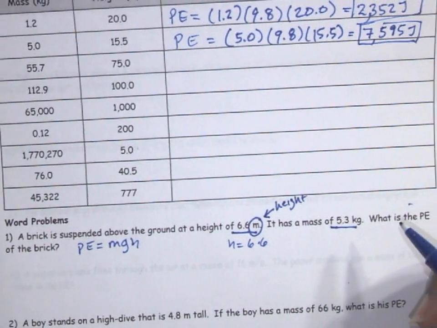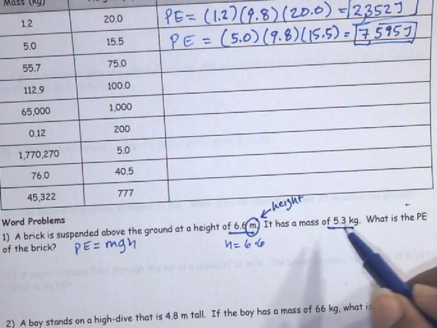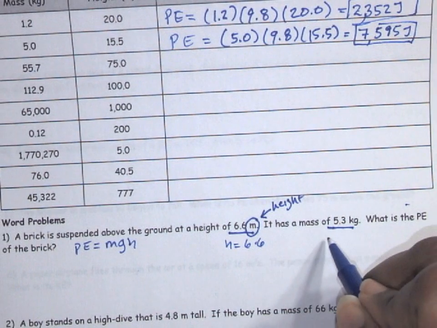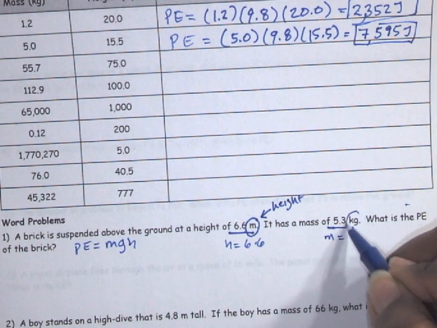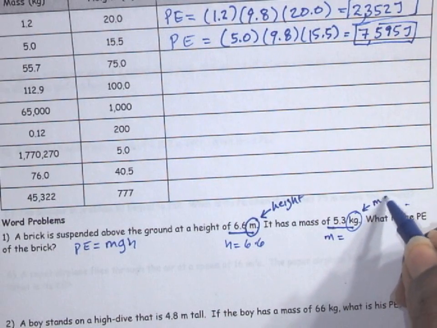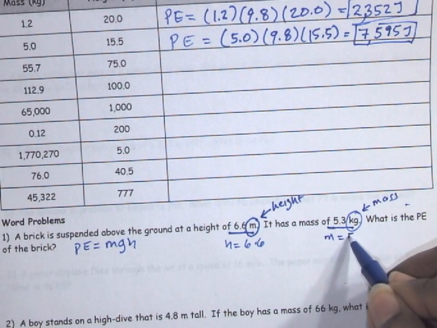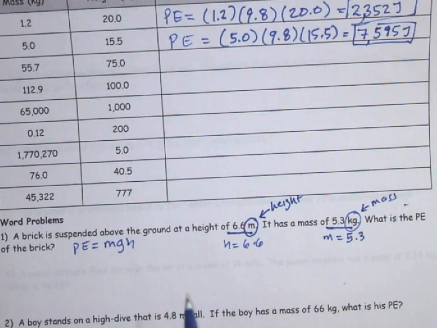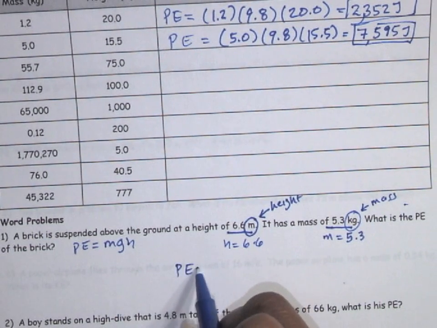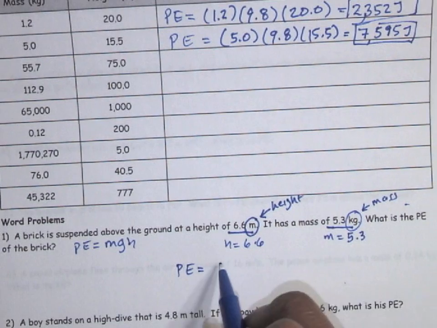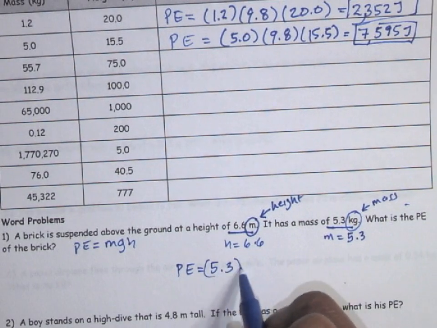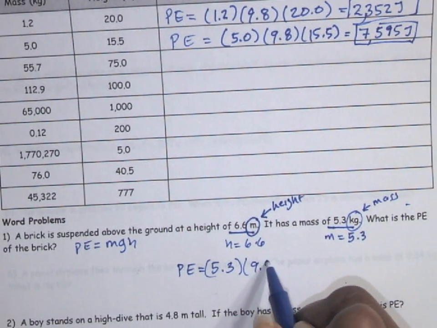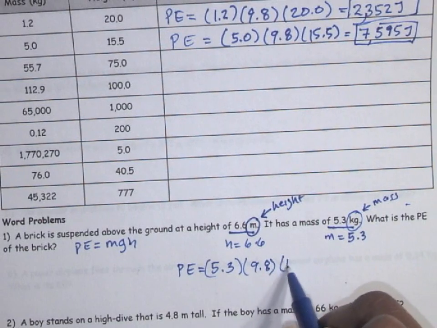Now my mass, it says it has a mass of 5.3 kilograms, so that's my first clue. But I can look at the units. So the units for mass is kilograms. So whenever I see kilograms, I know that number in front of it is my mass. So now that I have those, I can go ahead and plug those into the equation. PE equals mass, 5.3, times g, which is 9.8, times my height, which is 6.6.